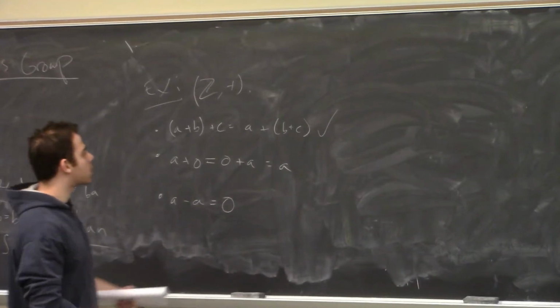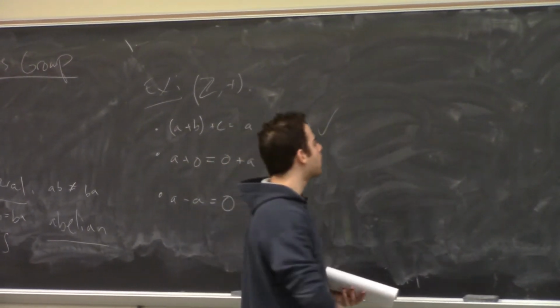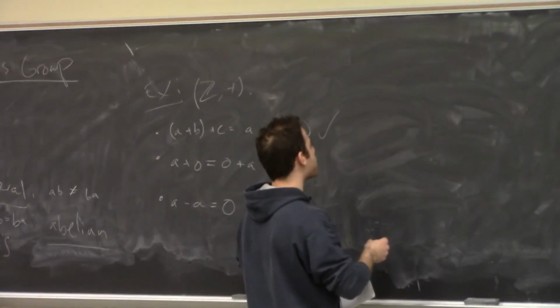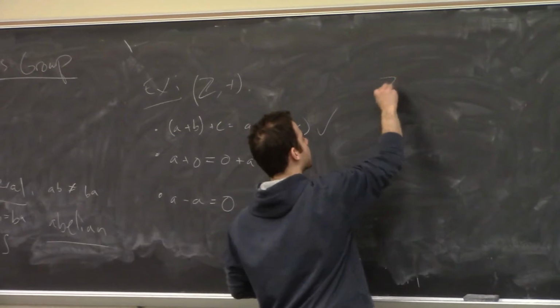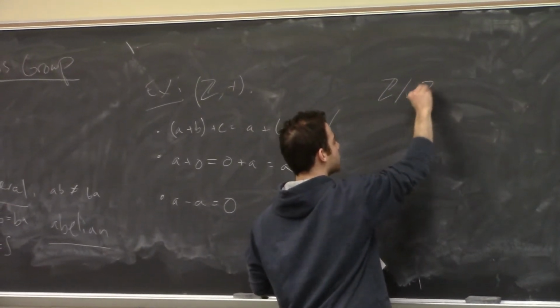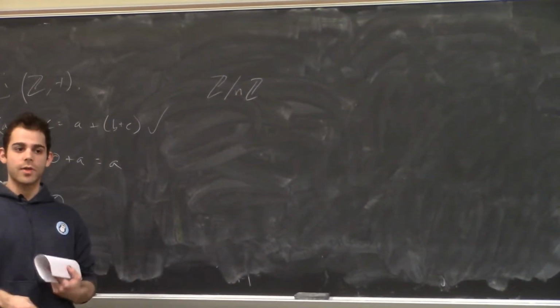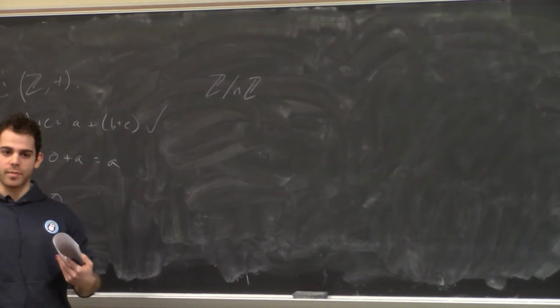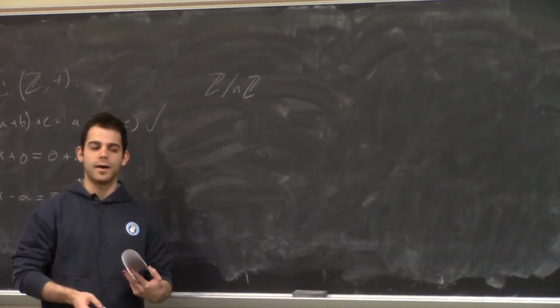Something we can talk about with elements of a group is the order of an element. To make it a little bit concrete, let's look at the space Z mod nZ. When we divide any integer by any other integer n, there is a set of remainders we can get, and these are going to be 0 through n minus 1.